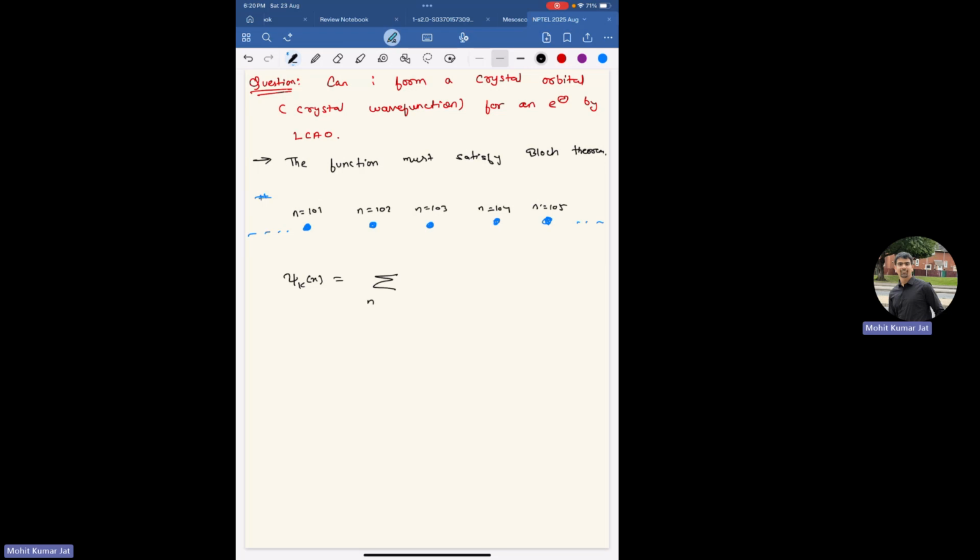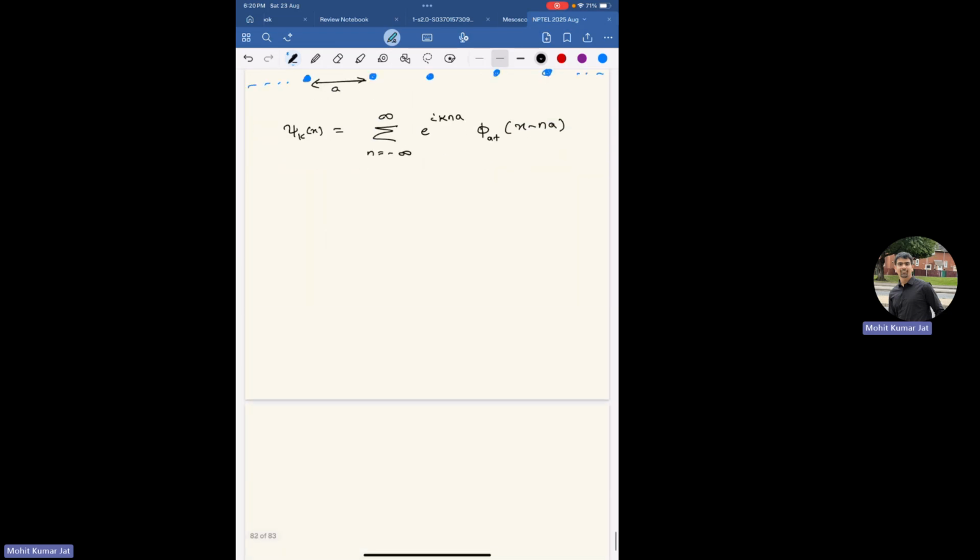They are going basically from minus infinity to plus infinity. So n is from minus infinity to plus infinity, and then you have your e to the power i k n a, and phi, your atomic orbitals x minus n a, where n a is the position of your atom. The distance between these two is a.